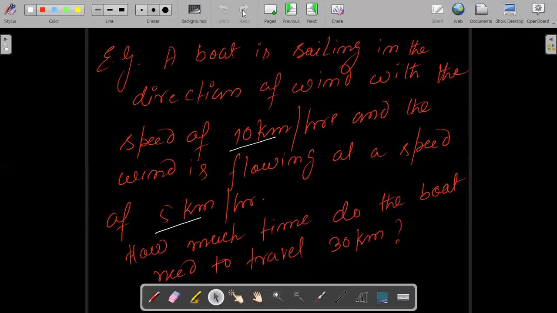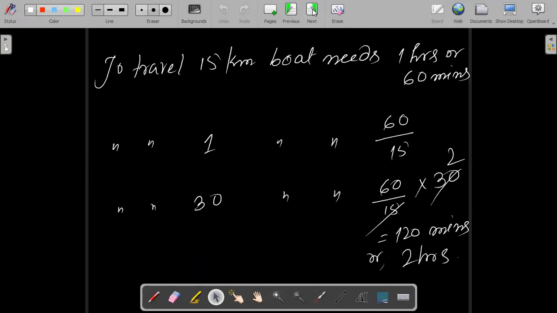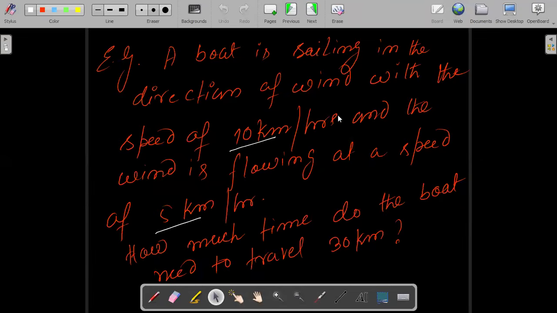The first question is, the previous question was this, right? I am copying the same question, only here I am changing the direction to the opposite direction of the wind. The question remains same. This is the first question. It is not an example. It needs to be treated as a question.